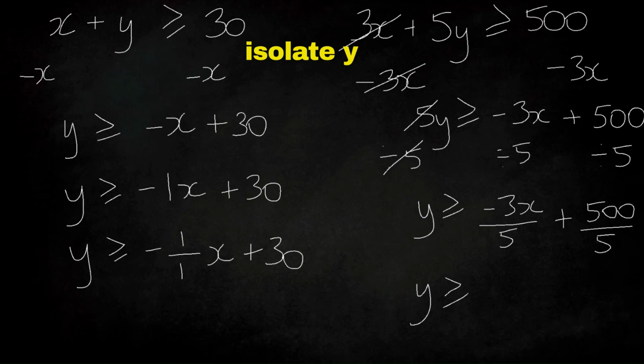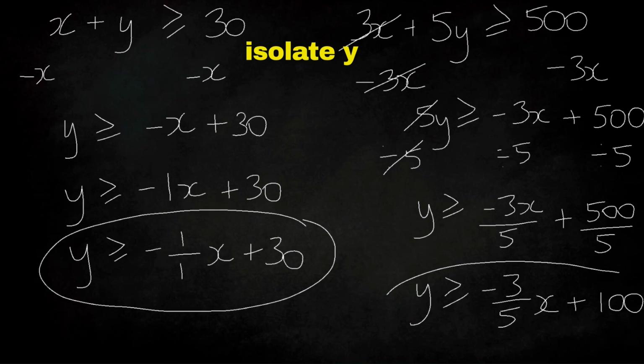Then, I have y is greater than or equal to negative 3 over 5x plus 100. Would you like to graph these two, Andre?